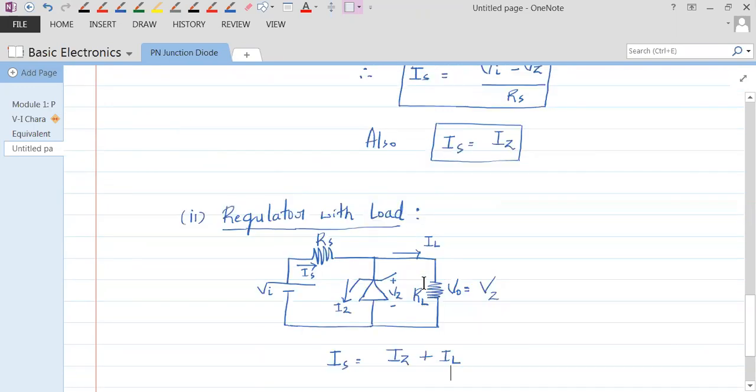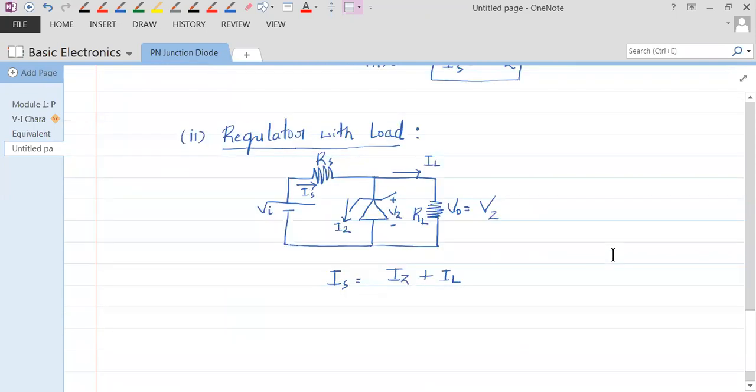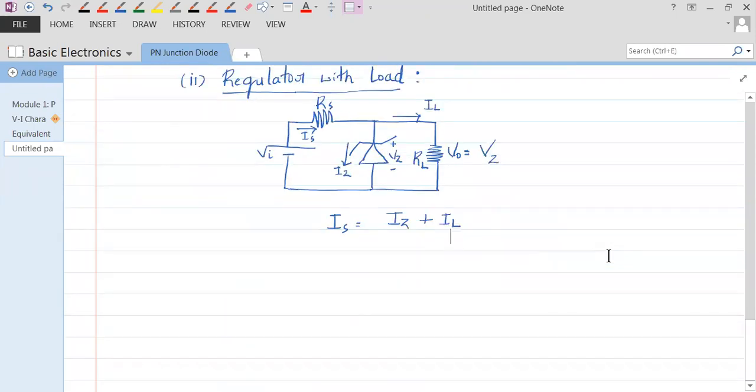Fine. Now, what would this equation look like? Let's apply KVL to mesh 1. This is mesh 1. That closed path we call a mesh. So KVL to mesh 1 yields what?